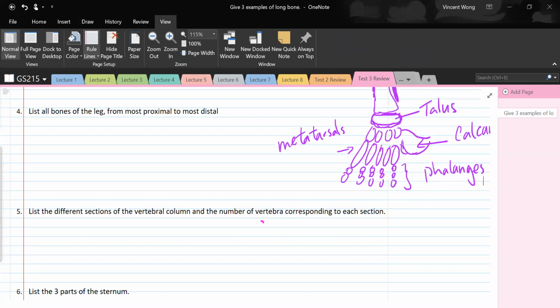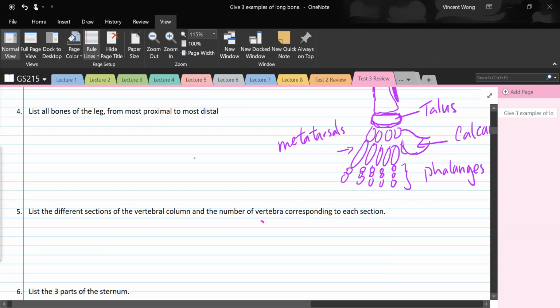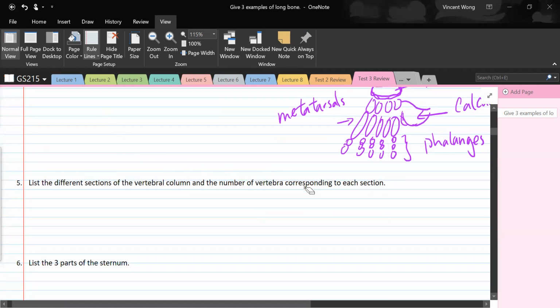List the different sections of the vertebral column and the number of vertebrae corresponding to each section.